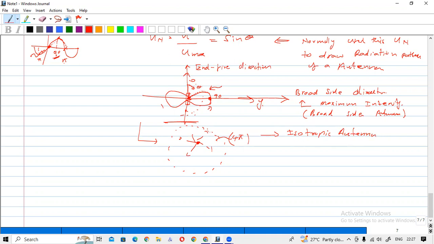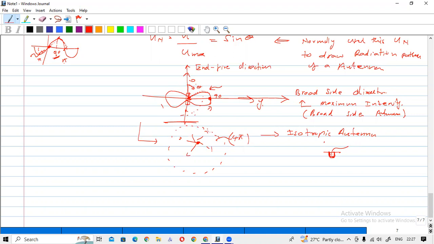But practically we don't have an isotropic antenna. There are some antennas called omni antennas. Maybe you know that for indoor coverage we use omni antennas. You may have seen the antenna mounted on the ceiling, which gives you the signal from the base station, maybe from a Dialog or Mobitel base station.